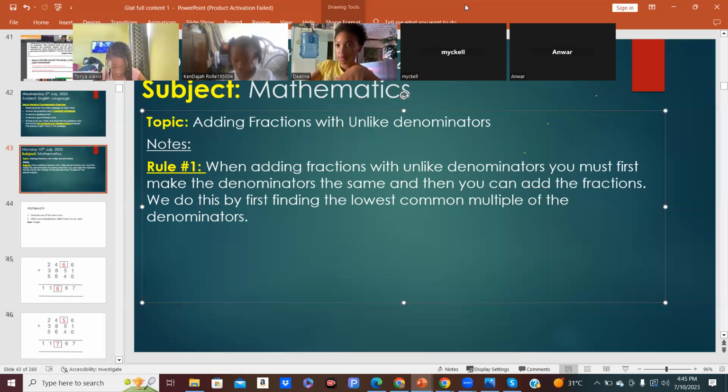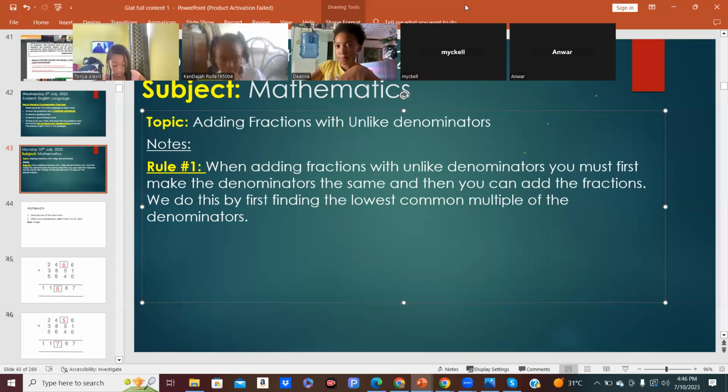When adding fractions with unlike denominators, you must first make the denominators the same, and then you can add the fractions. We do this by first finding the lowest common multiple of the denominators. Very good.